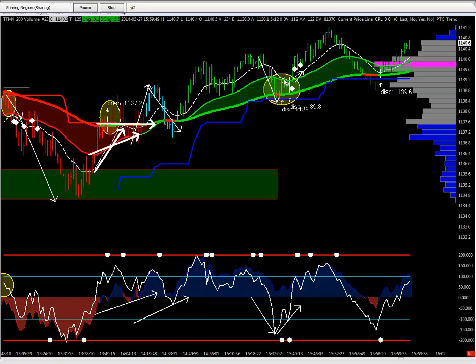Rob asked, is no red on the CCI an indication of strength of the move? Yes. On the CCI indicator itself, since it's above the 0 line, the blue histogram is going to be the proxy for trend, so that's representative of the 89. With the blue histogram above 0, you have a bullish trend now in effect.